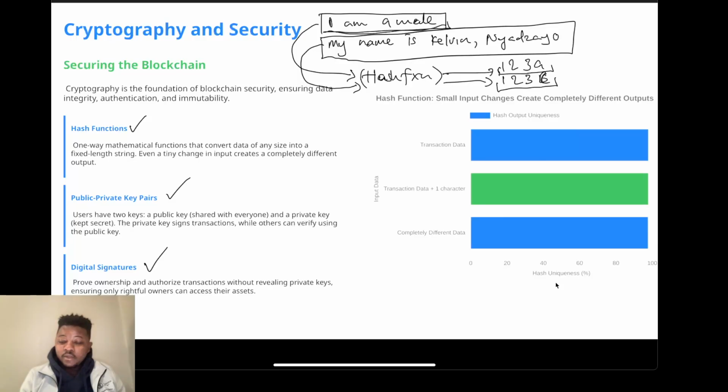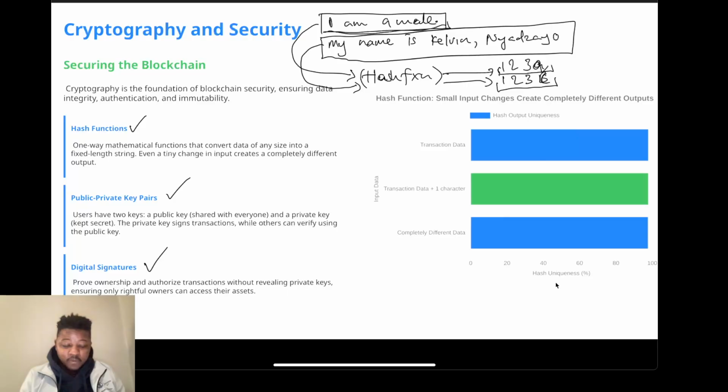If we put maybe a full stop here, it will result in, instead of A, maybe Q. This is not literally how it works, it's going to be numbers, but it's a way to visualize the concept. So this is what a hash function usually works like.